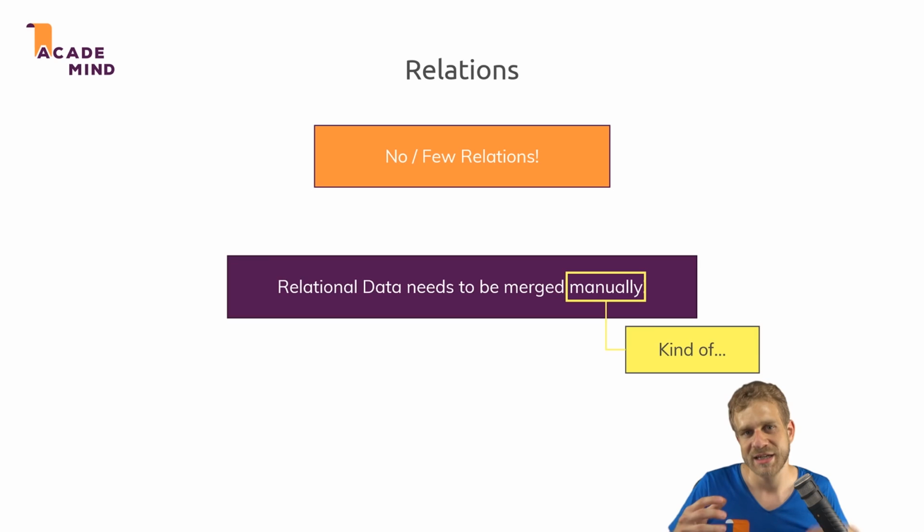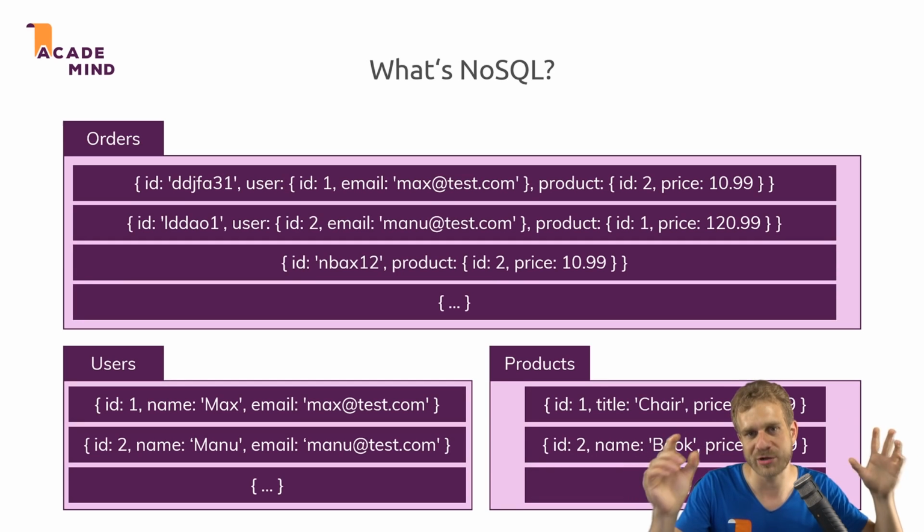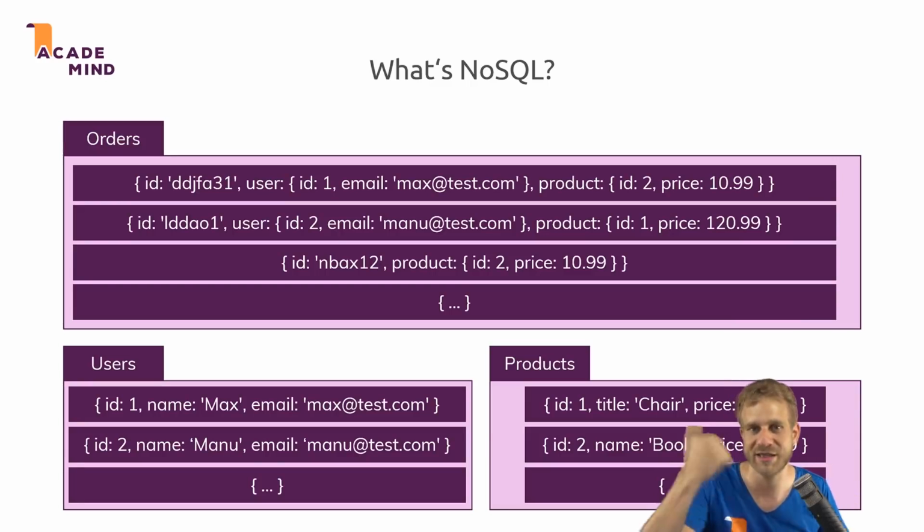Instead, the idea is that you put all the information in one place. So you might have your orders collection, where each order does not only contain the user and product ID, but it contains the key user data you need to work with the order, something like the address, the email, and the ID, and the key product data you need, like the price, the name, and the ID.